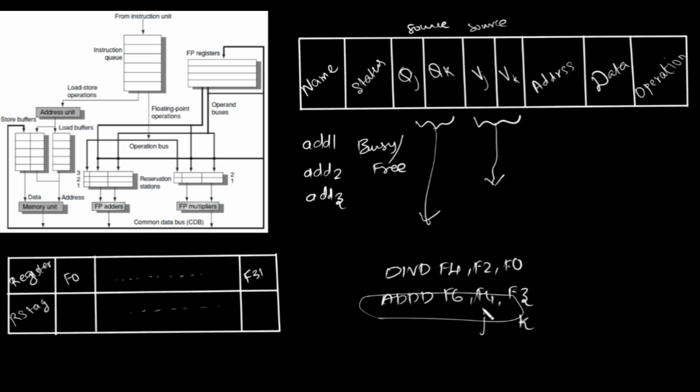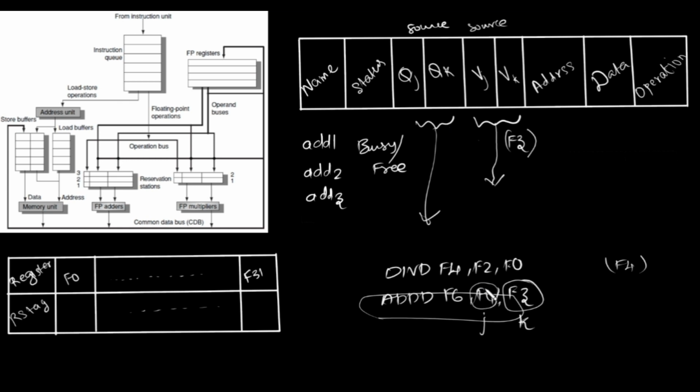In the VJ field we have F4, that is, the content of F4 has to be stored here, but this F4 is dependent on the previous instruction. It's not a value directly obtained from the register. So F4 is not readily available, but F3 is readily available, so the content of F3 is put here.